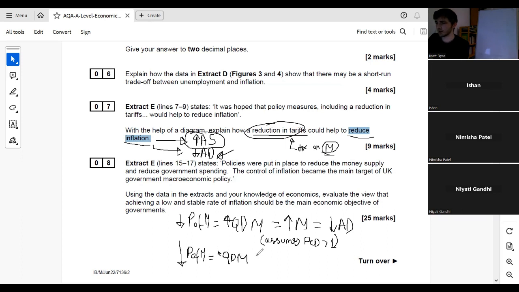And if that is the case, what you can think about is the total spending on imports, which is what M is. Because remember, M is the value, not the volume. Quantity demanded is the volume, but M itself is the value of imports, which is really the price multiplied by the volume.